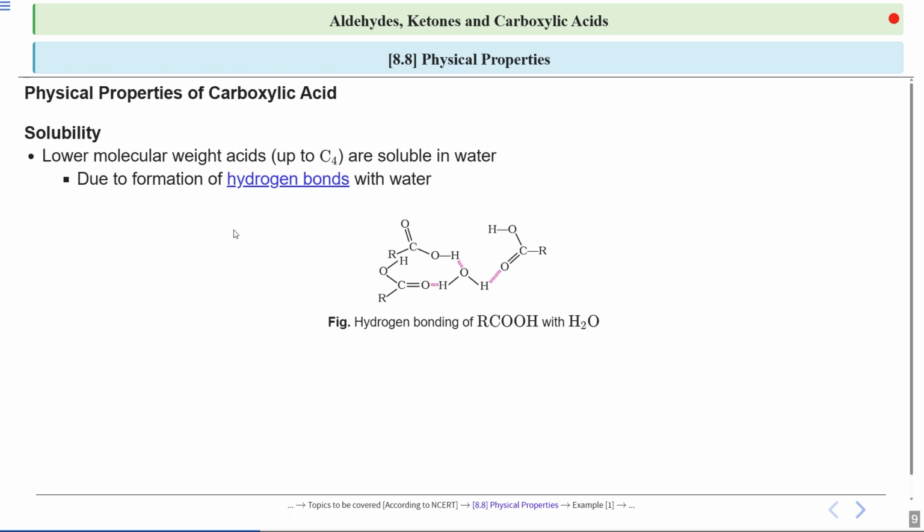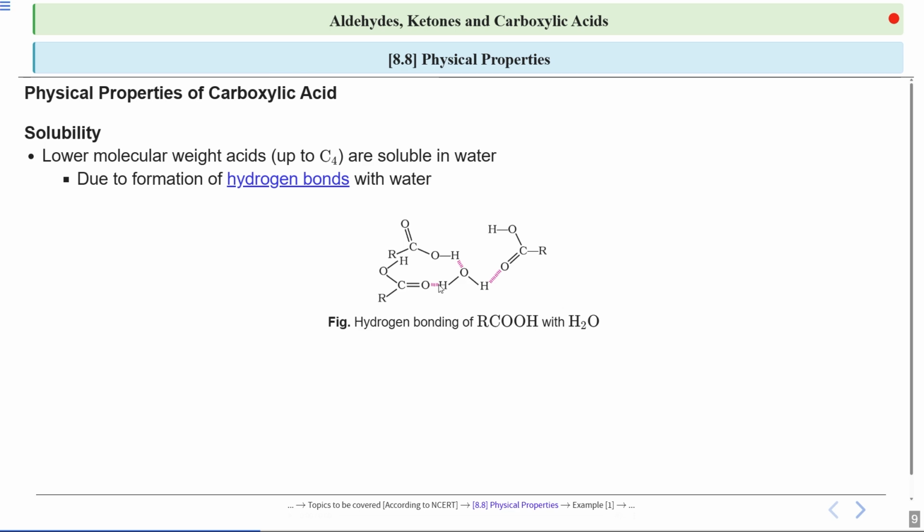If you look here, you will see hydrogen bonding of carboxylic acid with water, H2O. This hydrogen bond occurs when the hydrogen atom of one molecule is attracted to an electronegative atom like oxygen in another molecule. This H2O is a water molecule, and here is one molecule of carboxylic acid, and here are other molecules of carboxylic acid.